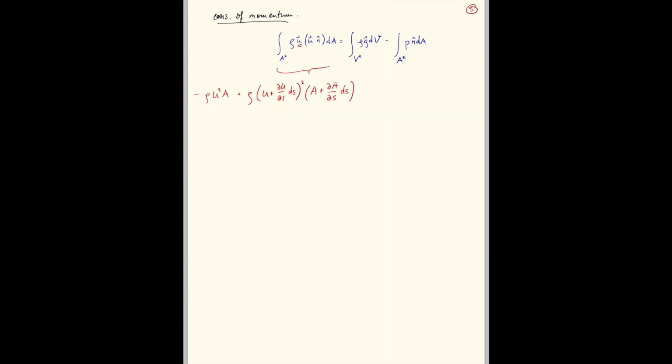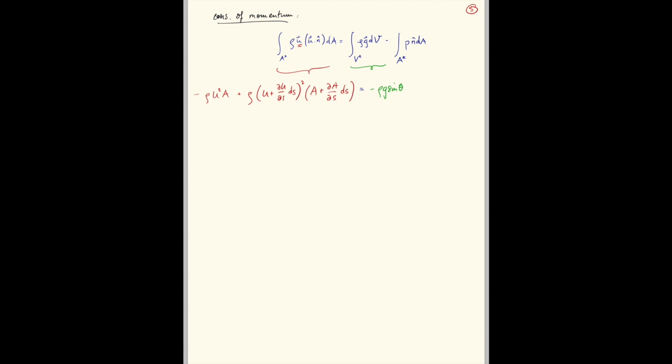And then on the right-hand side, we have two terms, the gravity term here. So the gravity term you can show is going to be minus rho g sine theta. And then you'll take the average value of the body force.